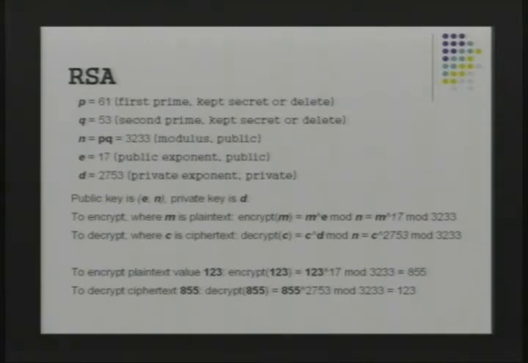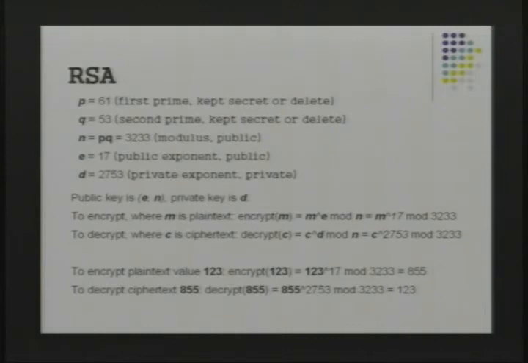Now e is going to be the public exponent, which again, is public, people can see, doesn't matter. And d is going to be your private exponent. Again, private, get rid of it securely. Now your public key is actually E and N, and your private key is D. Now to encrypt M, which is your plain text, you're going to take M to the power of E mod N, which will give you M to the power of 17 mod 3233.